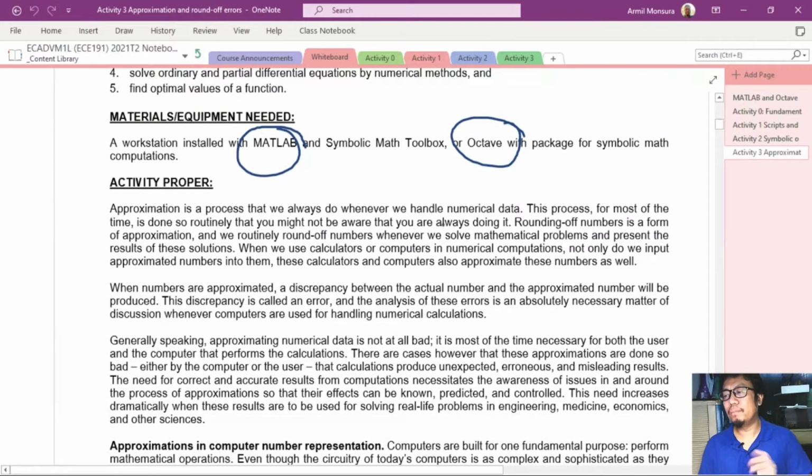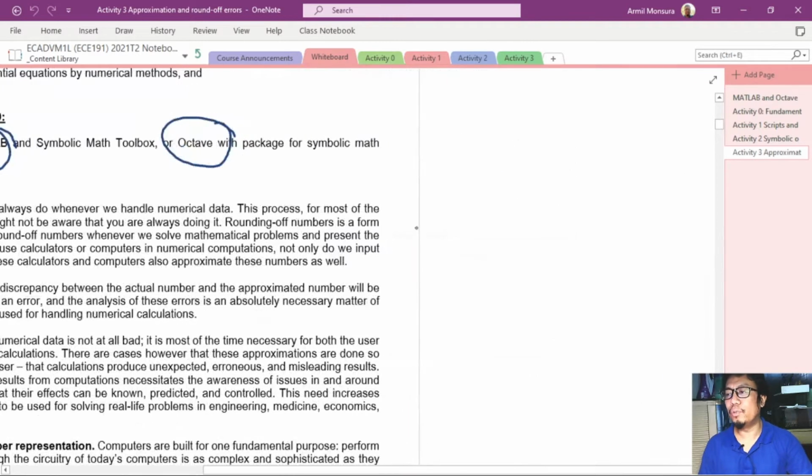For example, when you have computed 2 pi manually, you might have tried operating this as say 2 times 3.14159.